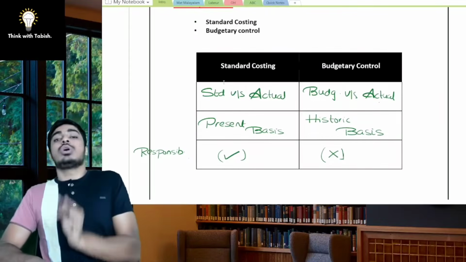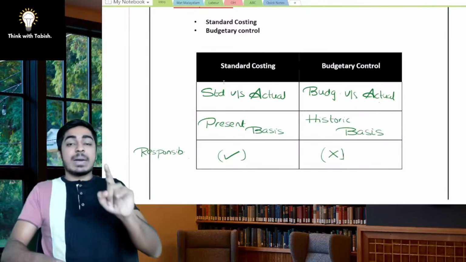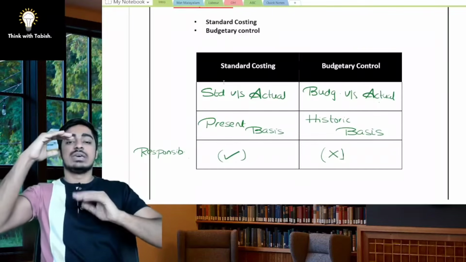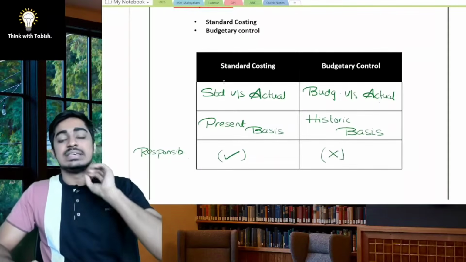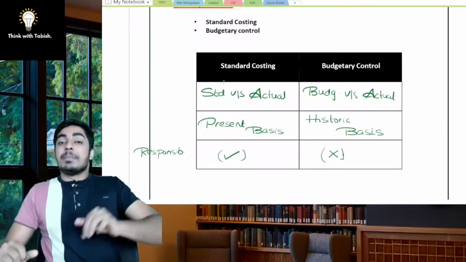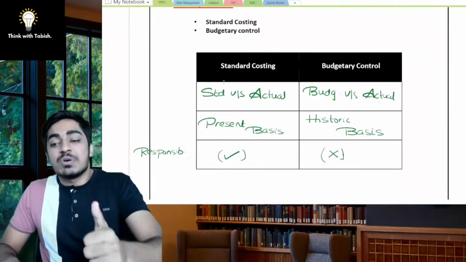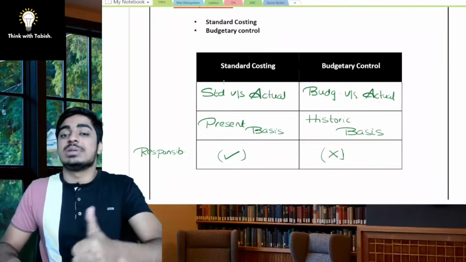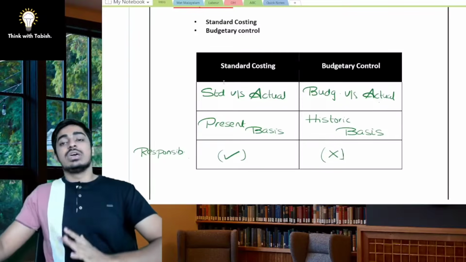And the actual is the price I have actually paid: 2000 rupees. Comparison from 1000 to 2000 is budgetary control. Comparison from 1500 to 2000 is standard costing. Standard costing is on a present basis. Budgetary control is on a historic basis. In standard costing, responsibility assignment is possible, but in budgetary control it is not possible because it is based on a historic basis.